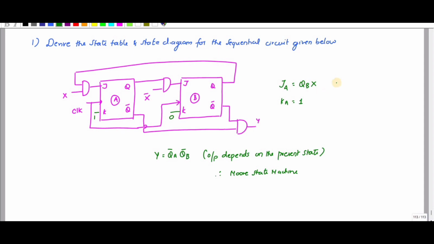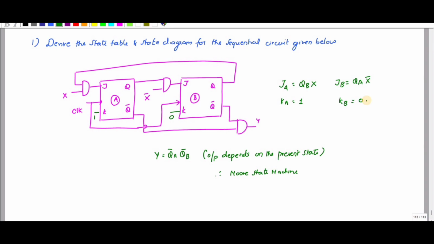KA is equal to 1. JB is equal to QA X bar, and KB is equal to 0. So this is what they have given in the question.